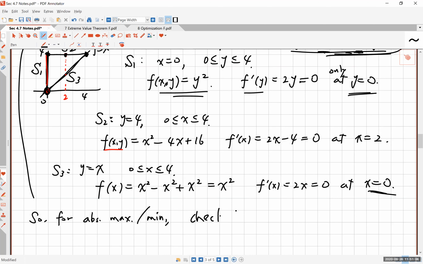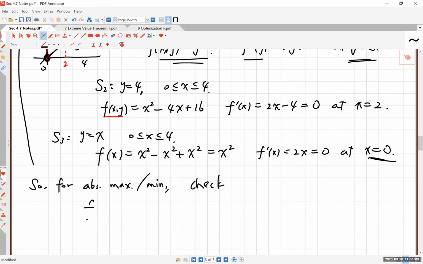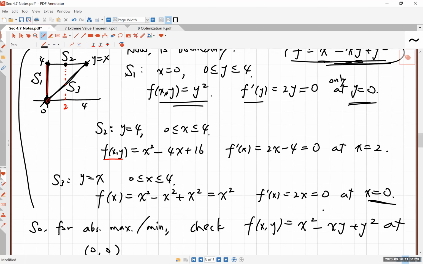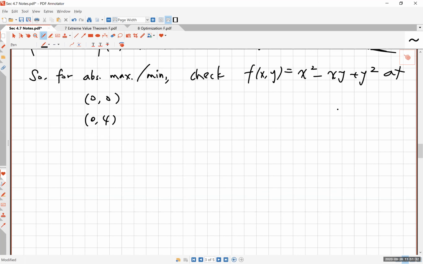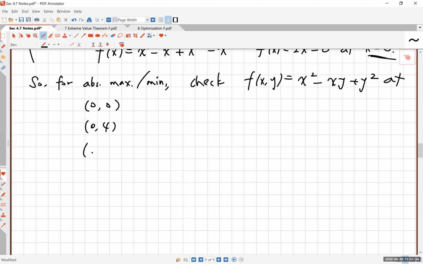Check the value of f, which is x squared minus xy plus y squared, at the three corners: 0, 0, and 0, 4, and 4, 4.